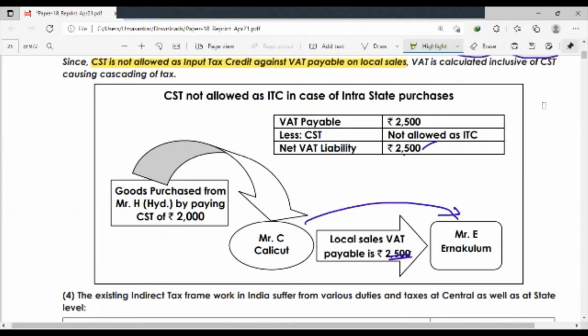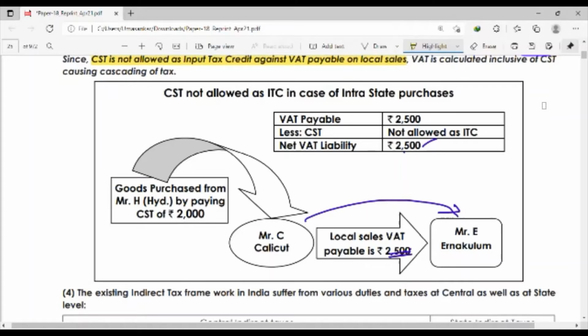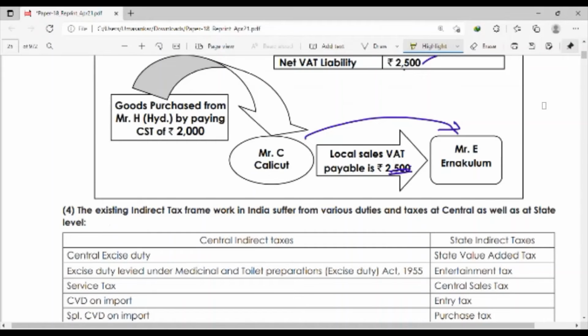Now when Mr. C is selling to E, he needs to pay VAT of 2,500, but he will not get the input tax credit of CST that is paid to Mr. H. So here this is the demerit of the pre-GST regime. But in GST we can take it. Earlier it was not there.